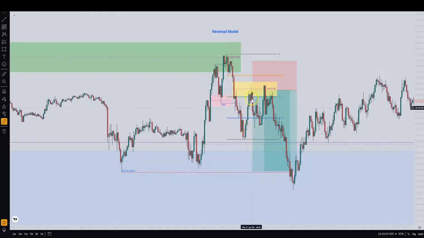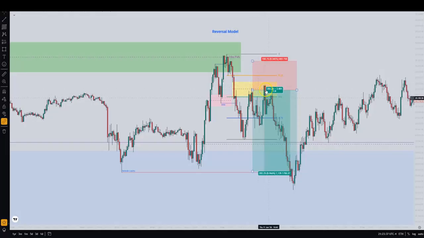So once price traded back into this 1 minute fair value gap, this is where I took my entry short, placed my stop right above this swing high here that formed this displacement, and I just waited. Price started to displace, run higher one more time.